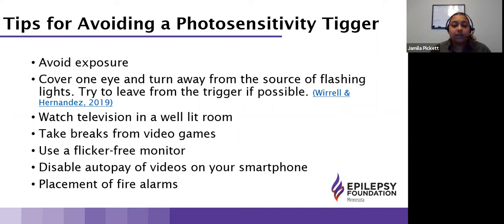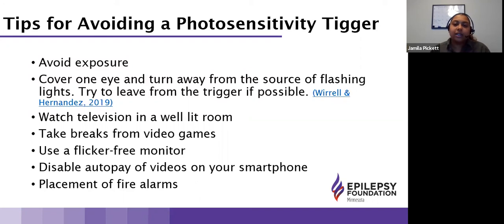When you're watching TV or playing video games, take breaks. If you can get your hands on a flicker-free monitor online or at some stores, that also can be helpful. And on some smartphones, you have applications where as you scroll down the screen, they might automatically play videos. For some people, this can trigger their seizures, so disable that autoplay of videos on your smartphone if you are having that issue.